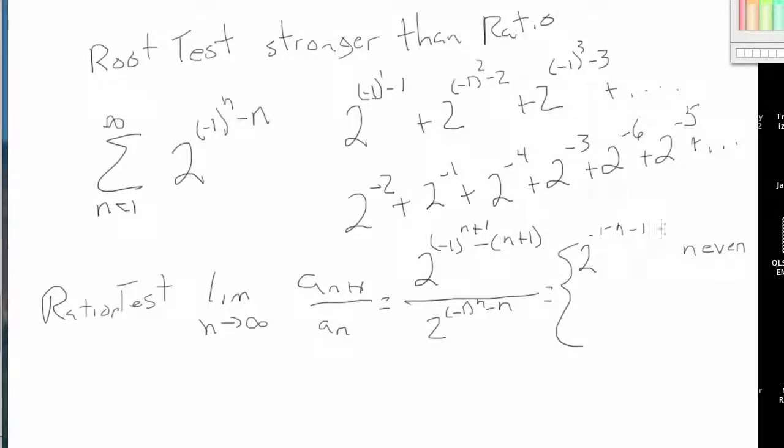And then, divided by, see, n's even, so this is 1 minus n. So here I have 1 minus n. That is all if n is even.